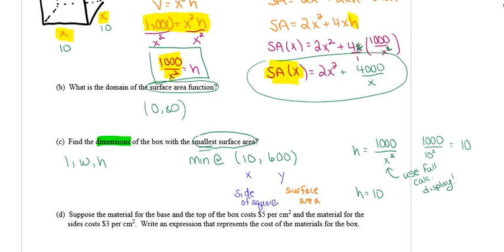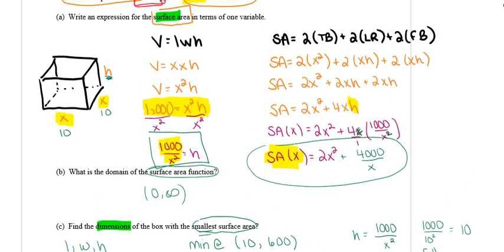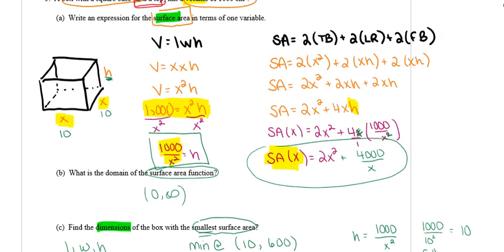All right, in letter D, it says, suppose that the material for the base and the top of the box is $5 per square centimeter, and the material for the sides is $3 per square centimeter. Write an expression that represents the costs of the materials for this box. Well, this is where we have to remember where things came from in our formula. The 2x squared represents the surface area of our top and bottom.